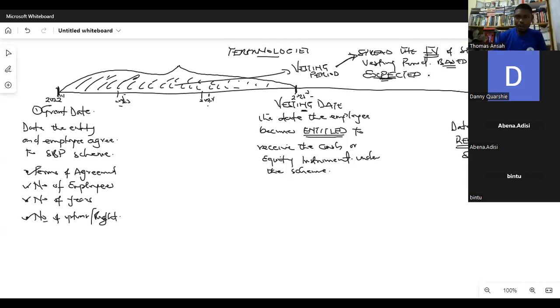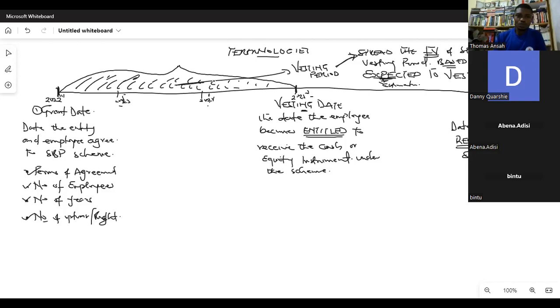So based on the number expected to vest, that is the most important number. Expected means that we are going to use some estimations, so the measurement here uses best estimate. I'm going to use some figures to do some illustration with you by attempting to solve some questions.